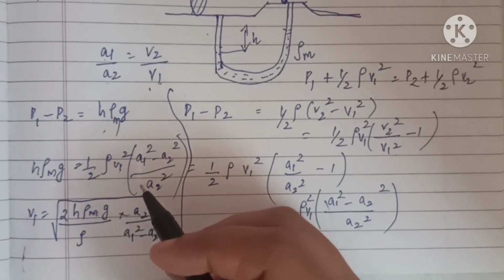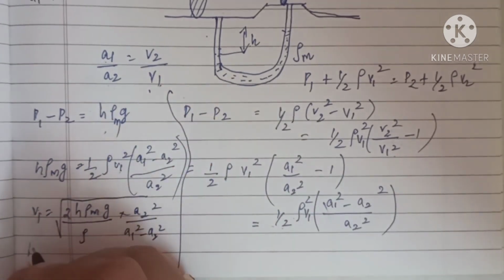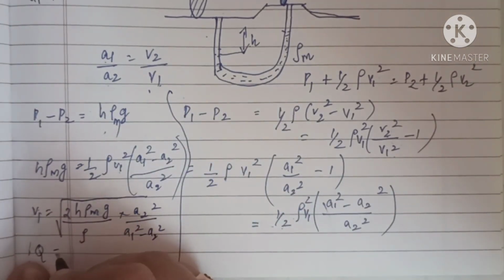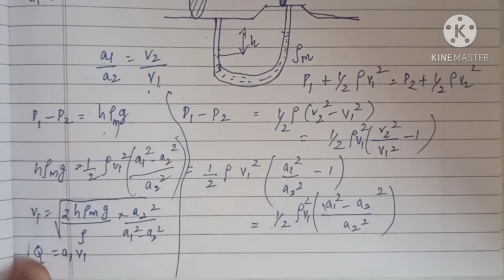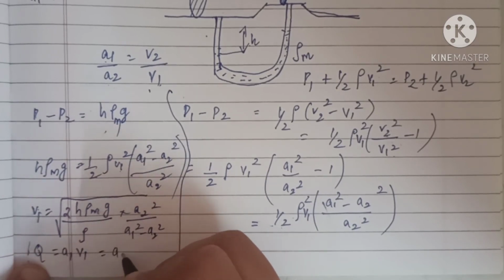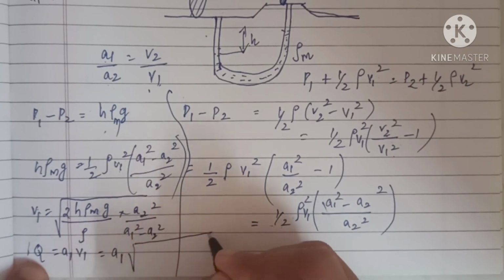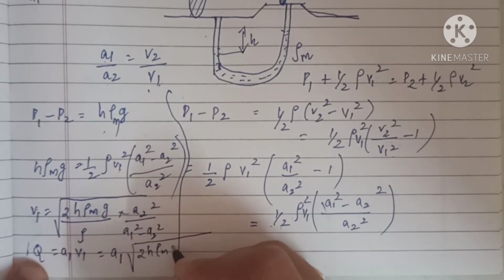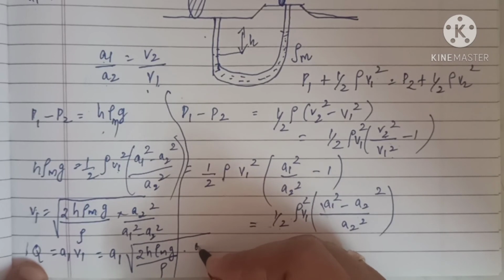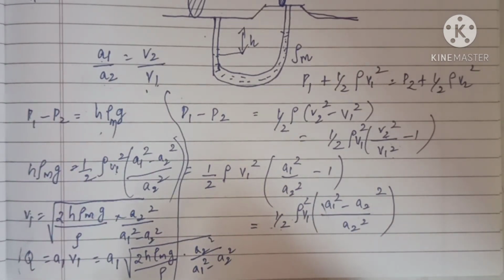And if you want to find the volume of liquid flowing out per second, how will you find it? The volume per second is given by A1 V1, and you can write A1 into the final value of V1 here. So that is A1 into root of 2H rho m G divided by rho into A2 square by A1 square minus A2 square. Understood? So in this way you can find the volume of liquid flowing through the tube.